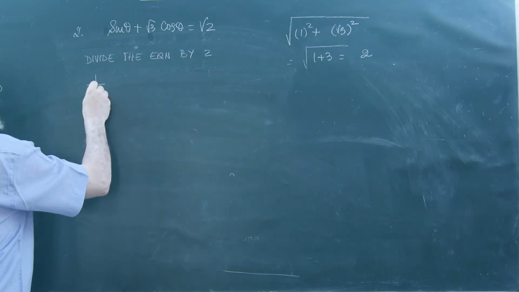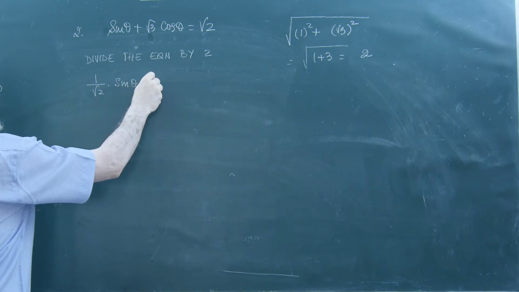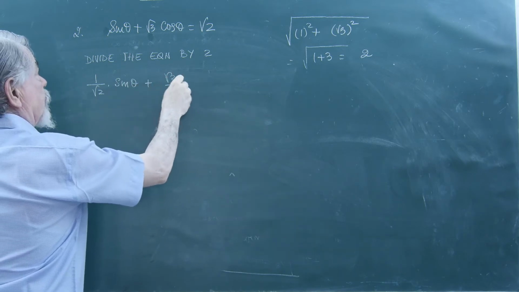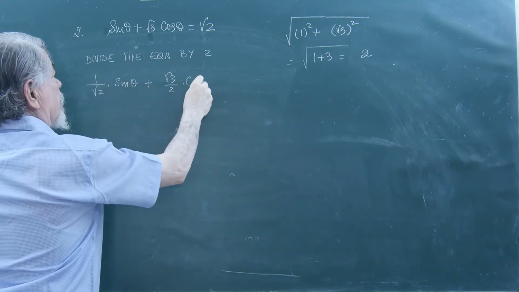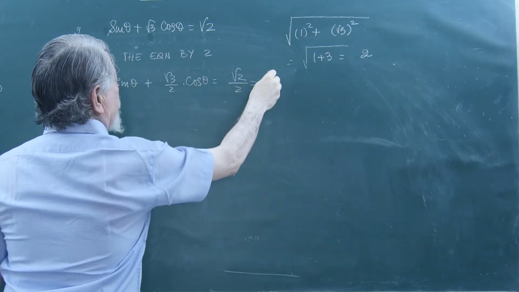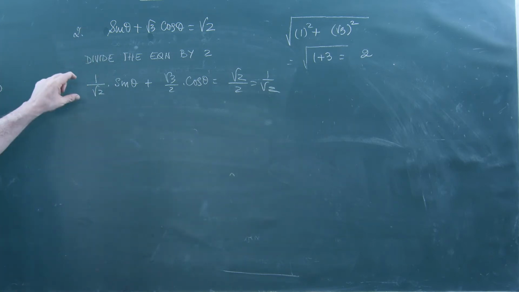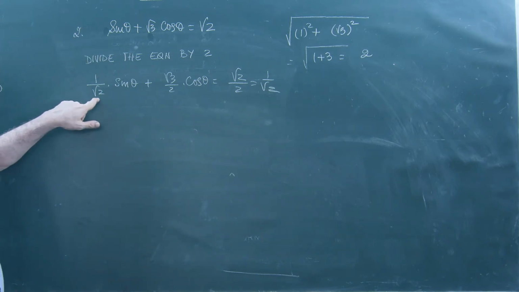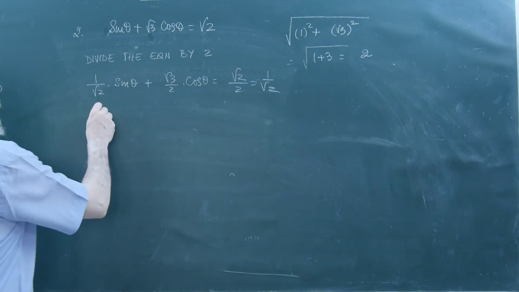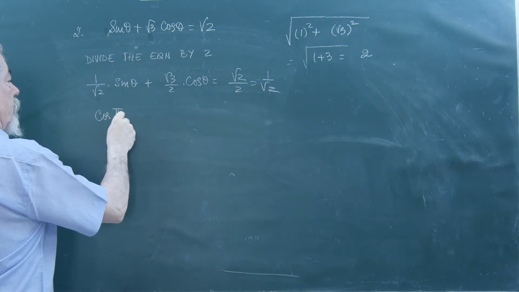So 1 upon root 2 sine theta plus root 3 by 2 cos theta, and root 2 upon 2, which will give you 1 upon root 2. Now, in this value, I can write cos pi by 4.